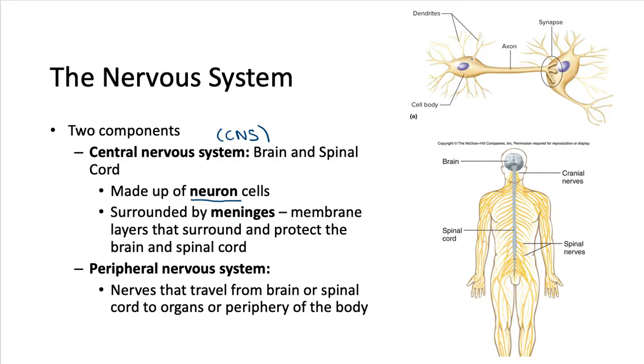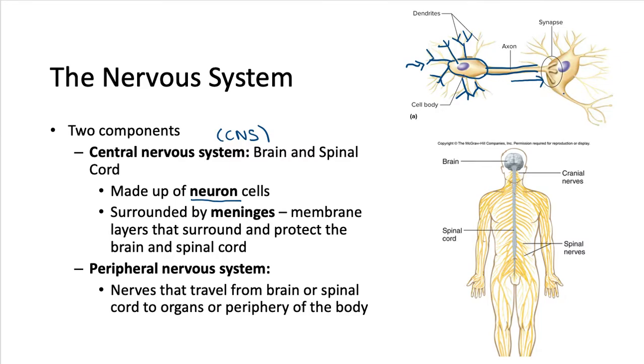So a neuron consists of a cell body, which has the nucleus, the dendrites, which are the receiving end of neurotransmitter signals, and then the axons, which are the transmitting end of the nervous system.